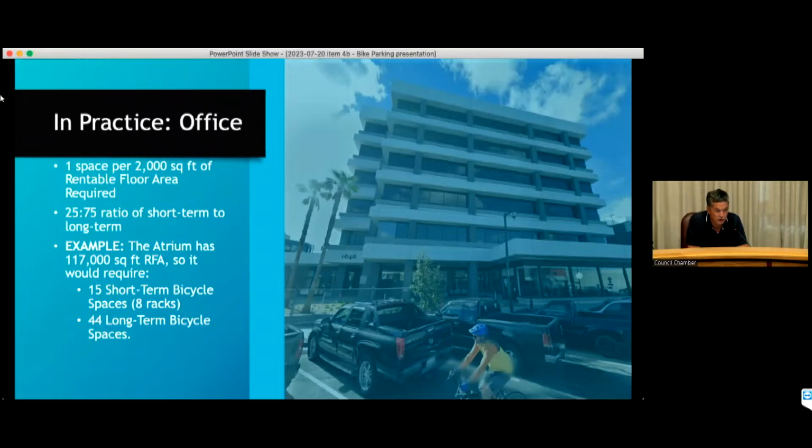And that might work for a Davis or another community that has extensive bike infrastructure, and it might work for a community that has flat streets with not a lot of topography. We have topography.